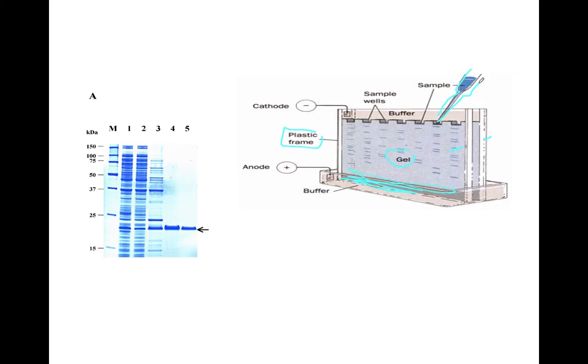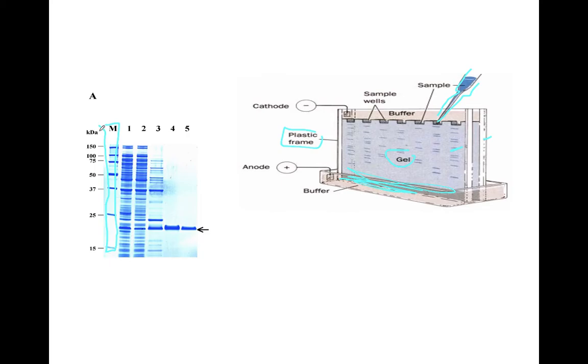By using a stain. This picture shows you there are different bands of protein with different masses, and in order to know the masses, we have to have a control to compare with the normal. So basically they will be separated according to their mass.